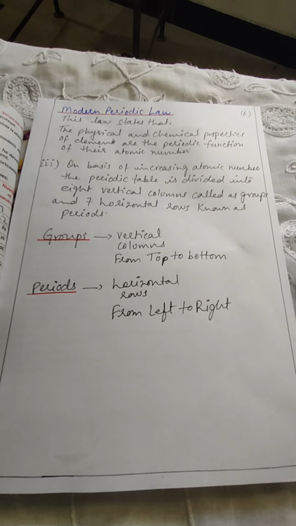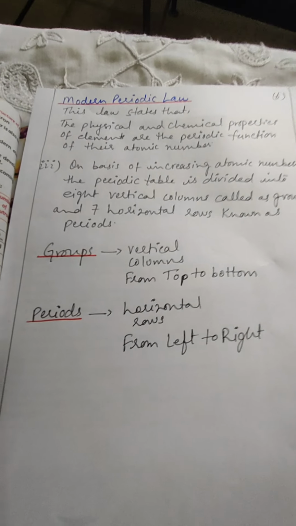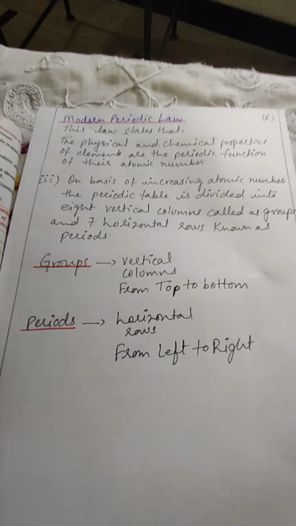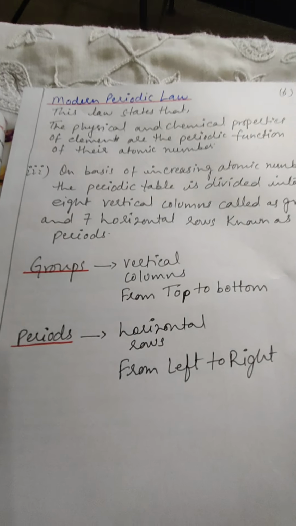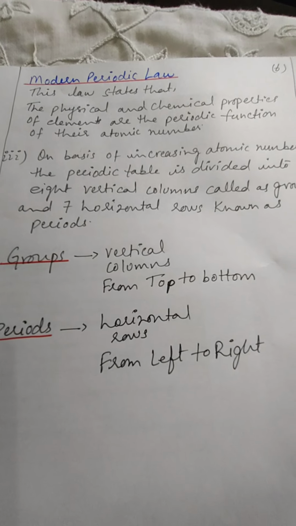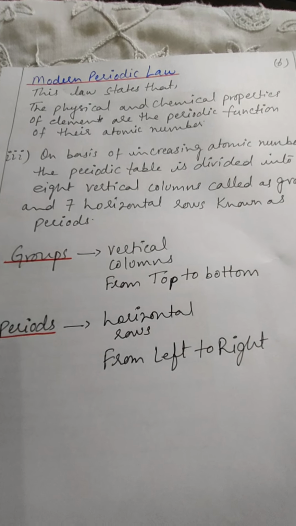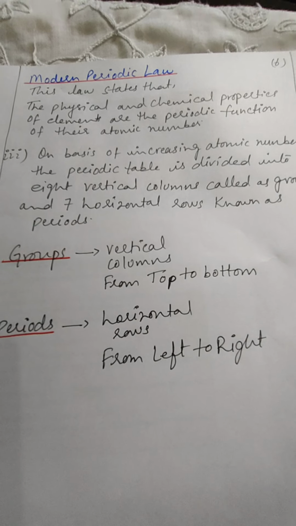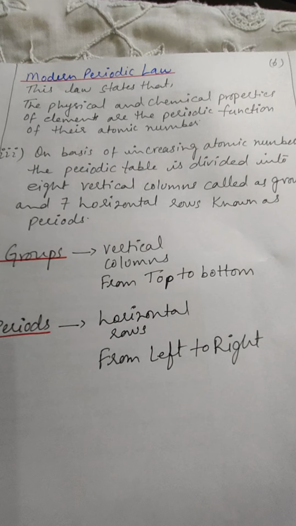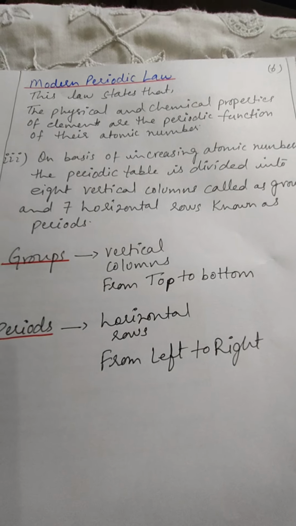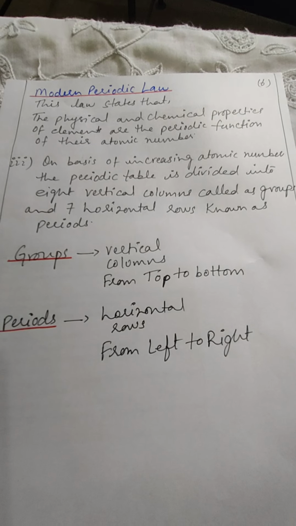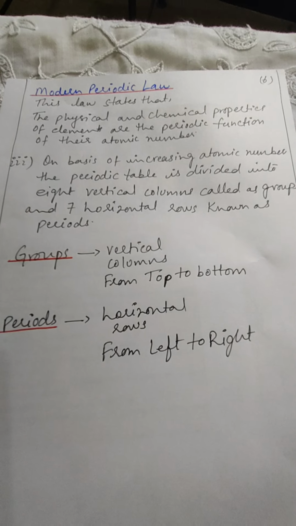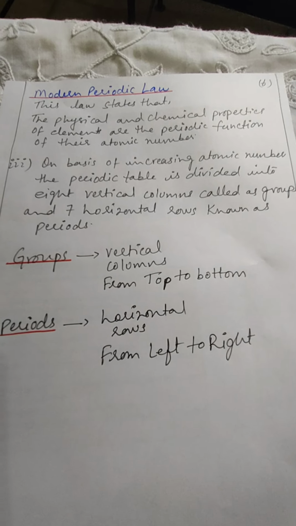In relation to this classification, there is another law presented by Moseley, which is familiar as the modern periodic law. This law states that the physical and chemical properties of elements are a periodic function of their atomic number.